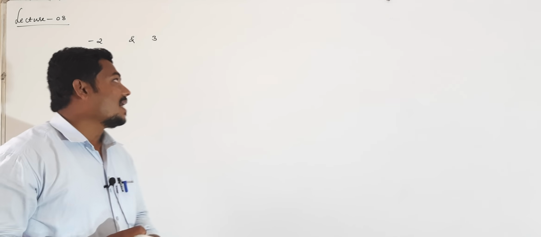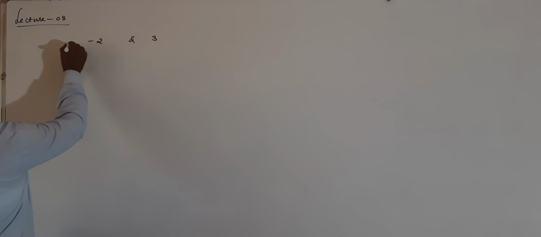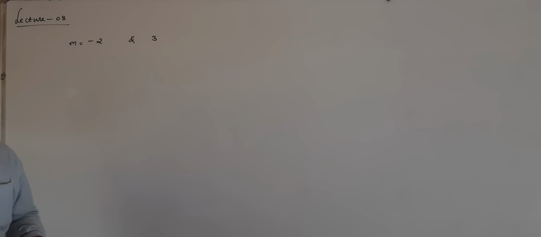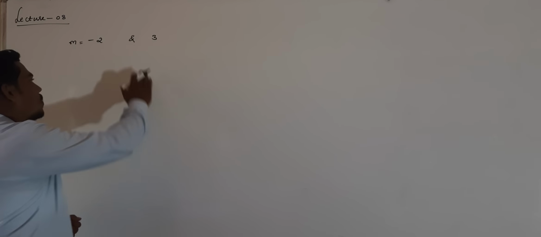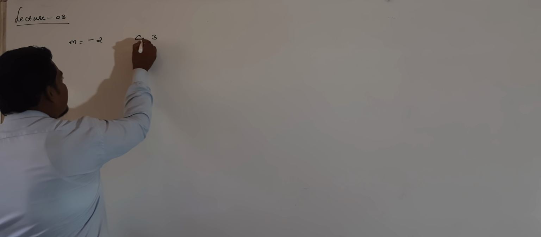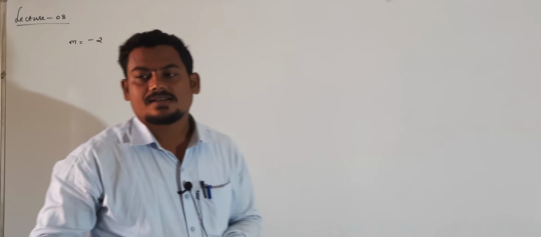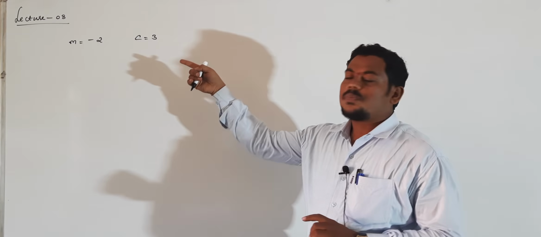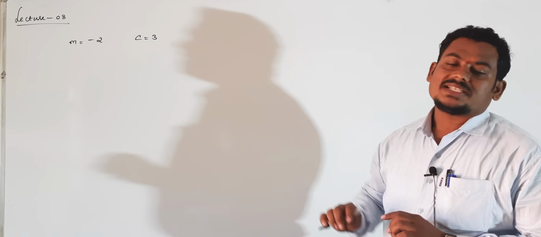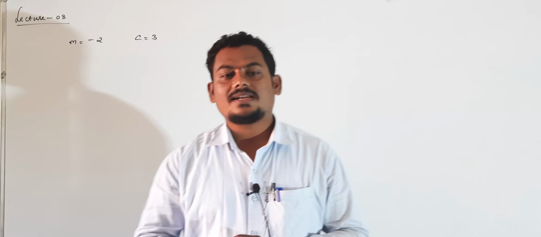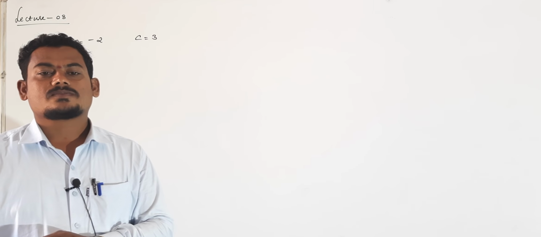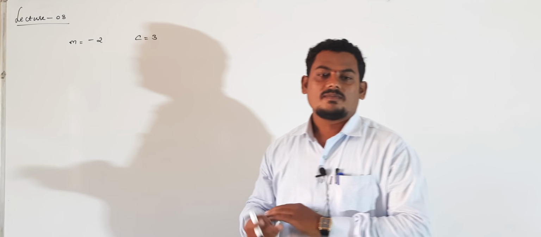Slope means m value, right? m is equal to -2, and the y-intercept notation is small c, which is 3. Then find the equation of the line. Which formula is applicable for this problem?